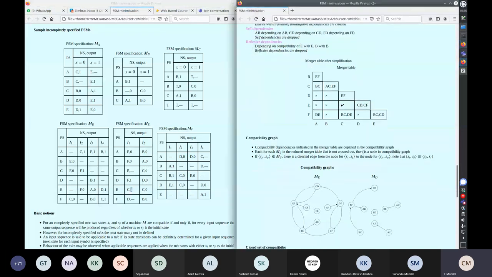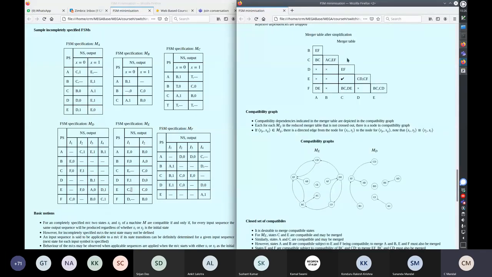All right. Now this same table can be represented as a graph. So this is a compatibility graph. The Marchett table can also be represented as a compatibility graph. We create a node for each entry.